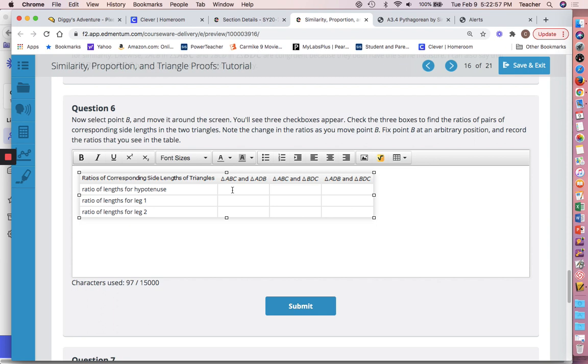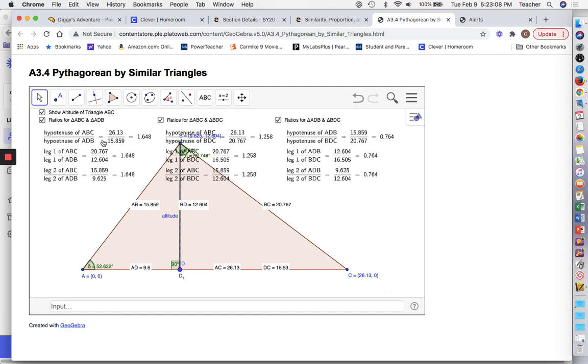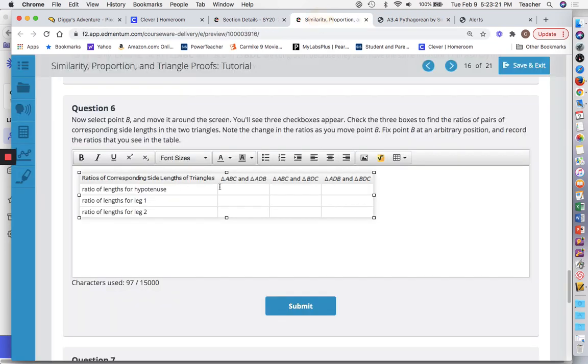So the ratio of the length of the hypotenuse of ABC and ADB: the hypotenuse is 1.648, leg 1 is 1.648, leg 2 is 1.648. Awesome.